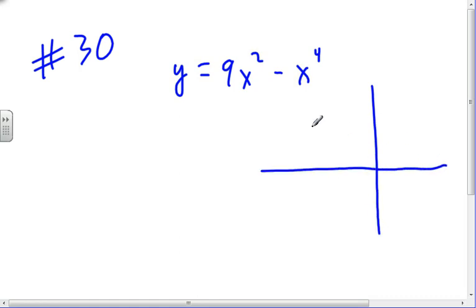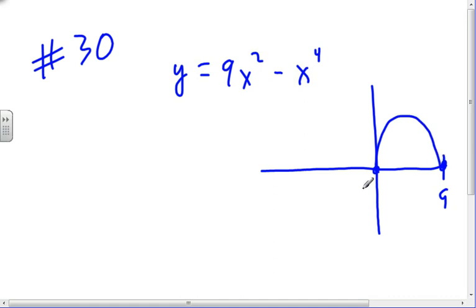When x is 0, y is 0, so I'm going to have a spot there. When x is 9, y is 0. So it looks like I have something that looks like that.